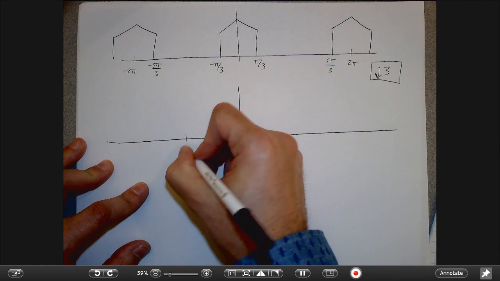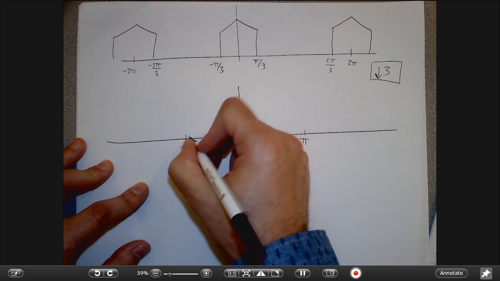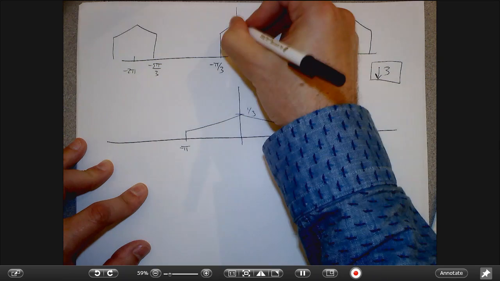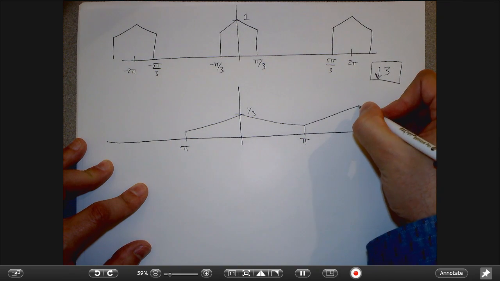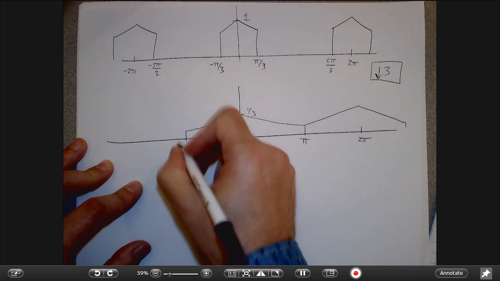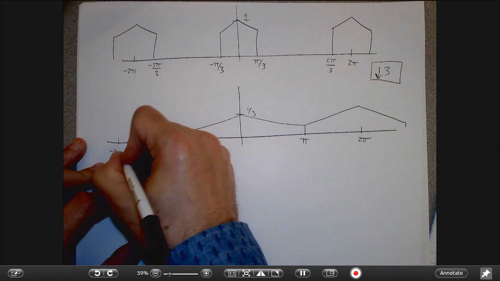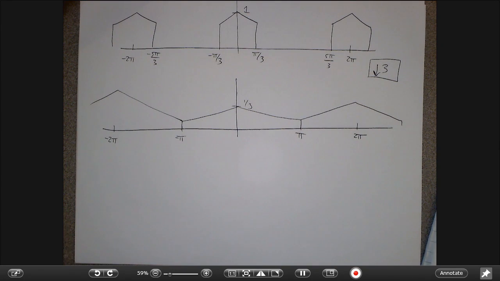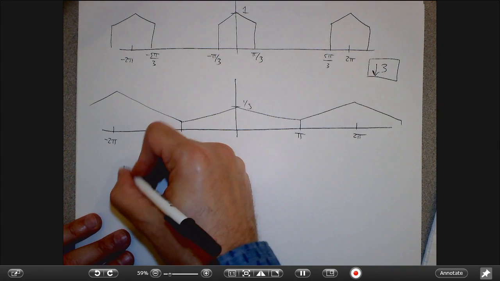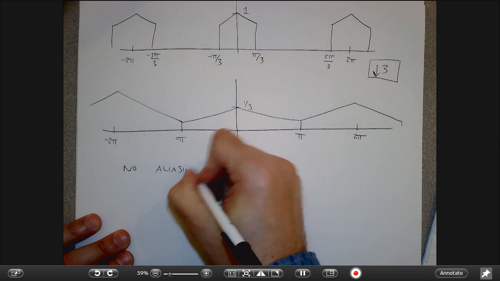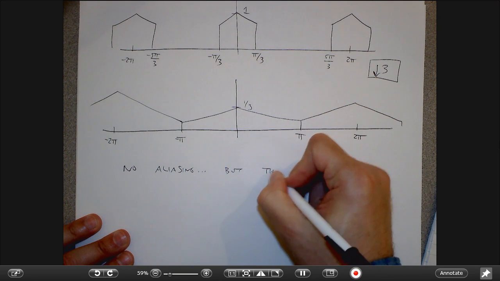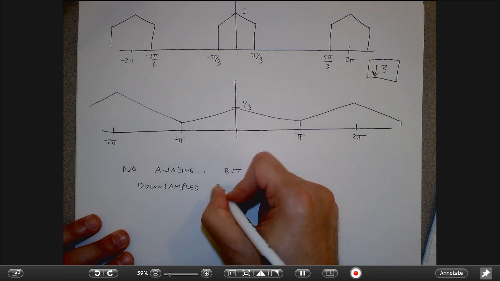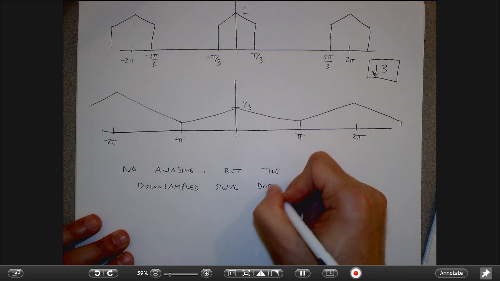What used to be pi over 3 becomes pi. And this copy over here will similarly spread out, but I have cut away the part that might possibly alias before I did the computation, right? So the idea is no aliasing, but the downsampled signal doesn't represent the original.